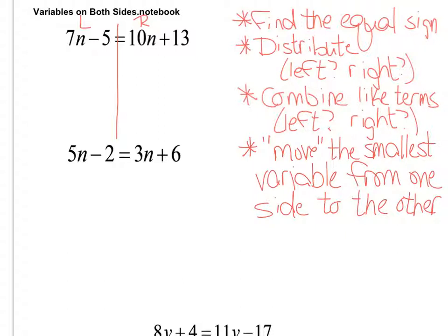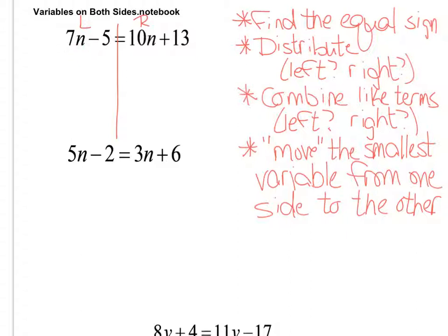Okay, so I've noticed I have a 7n on the left, a 10n on the right. I cannot combine them. I have to move one of them. Which one's smaller, 7n or 10n? Well, 7's smaller, right? So I need to move this positive 7n.